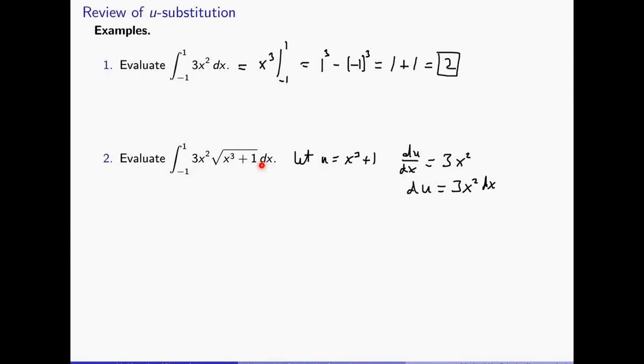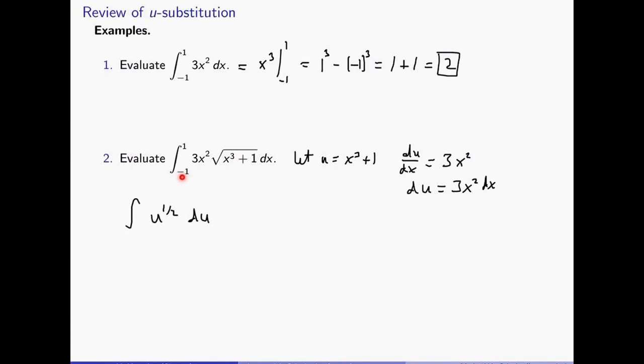Okay, so plugging this back in, this becomes the integral of the square root of u, I'll write that as u to the 1/2, times du. Notice that is exactly what we have. But we've got to be careful with the endpoints, or I guess the limits. So x equals -1.